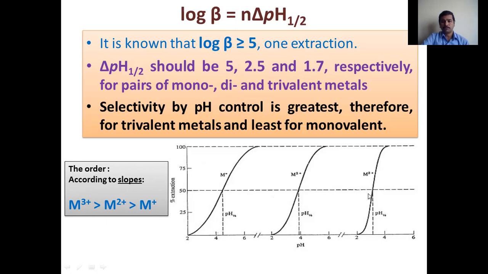The slope of a trivalent metal is greater than the divalent, and greater than the M plus ion. So this N into delta pH of is very, very important.